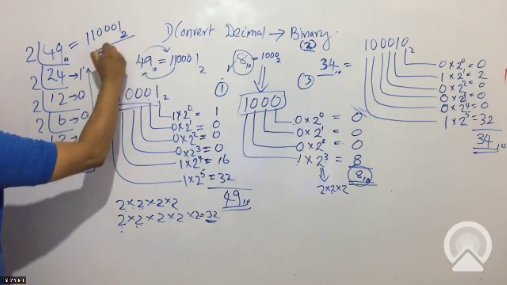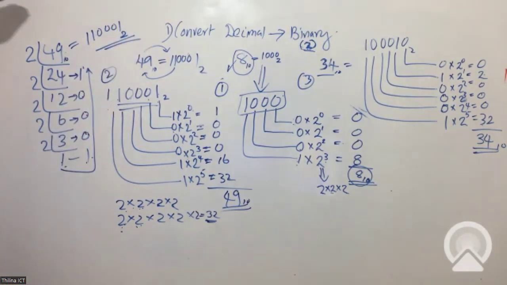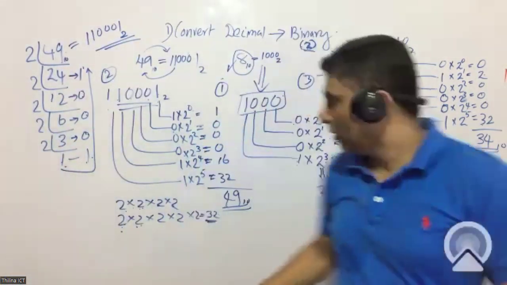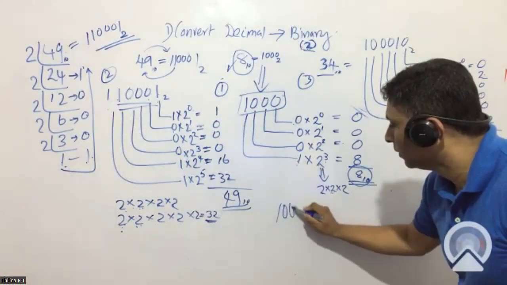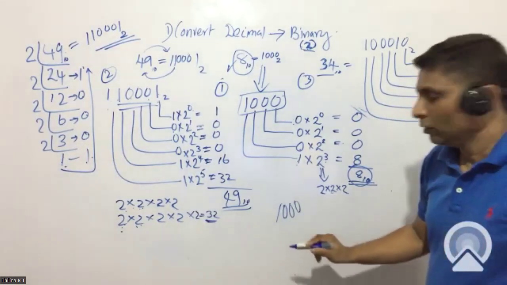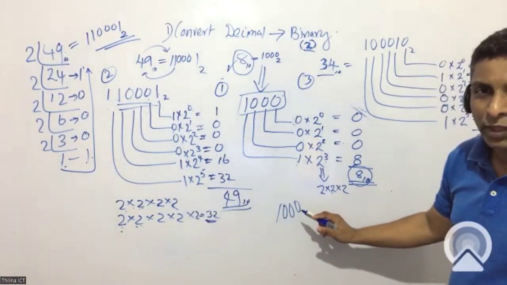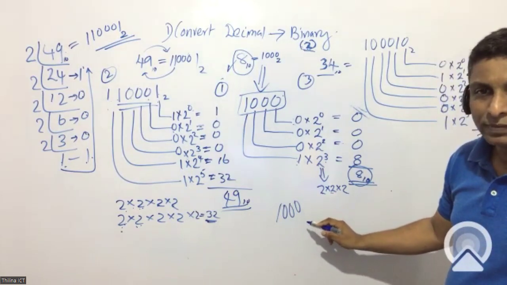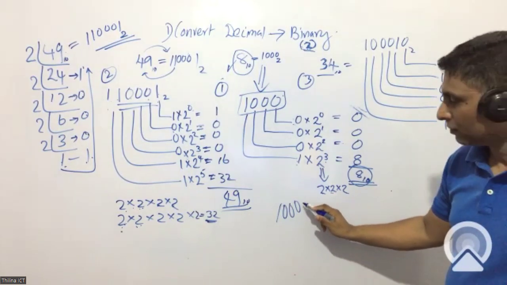Don't forget to put this base 2. It's very important. Maheshwata, you watch it properly. If I say without the base, what will happen? 1000.